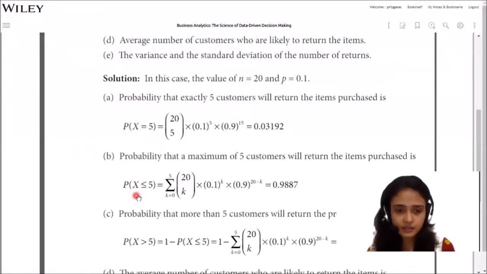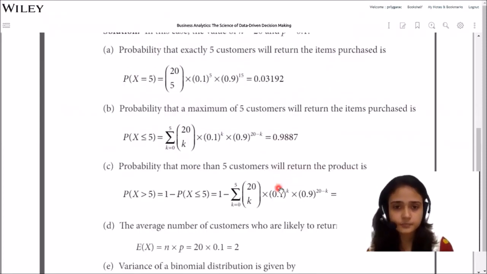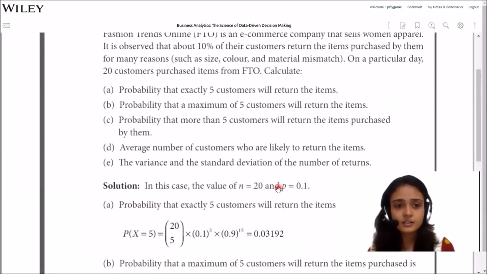So I write x less than or equal to 5. Just put all the values into the formula and you will get the answer as 0.9885.